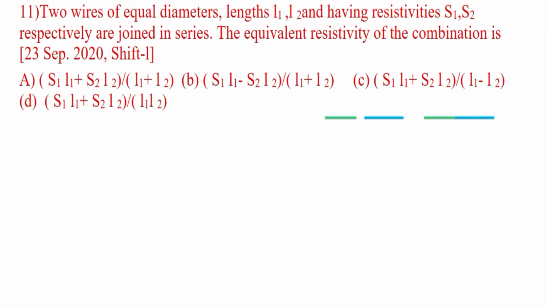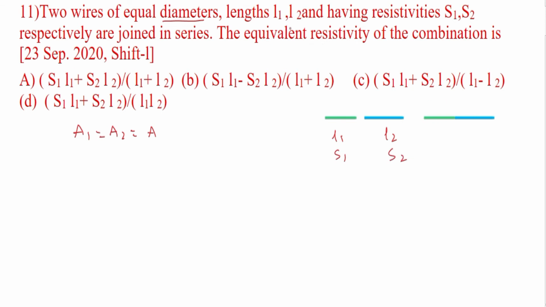Now what did he give? He gave that these two wires have equal diameters. That means the area of cross section of these two wires will be equal, that is, A1 is equal to A2 is equal to A, and their lengths are L1, L2, and their resistivities are S1 and S2. Now these two are connected in series.